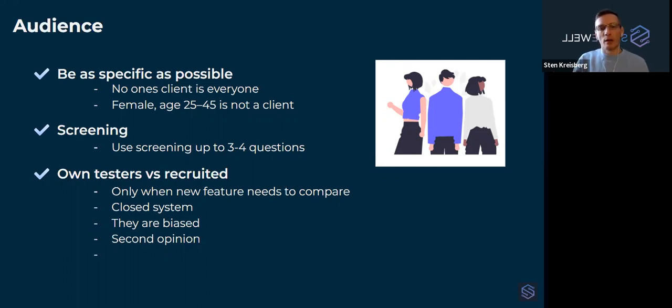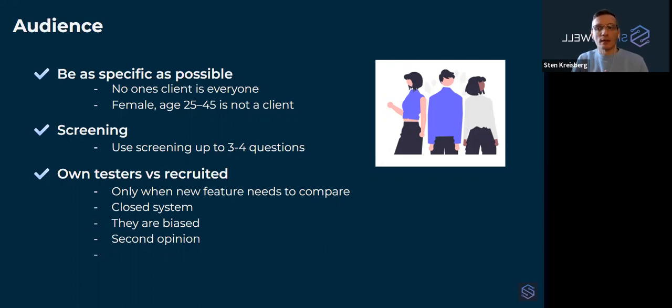Also, if you have a closed system, for example, some companies have inner systems, then it's the only way to use your own testers. The second thing is that if you want to use new testers, it's when you are not showing new features, maybe you want to understand the current market situation, then it's good to use new testers.